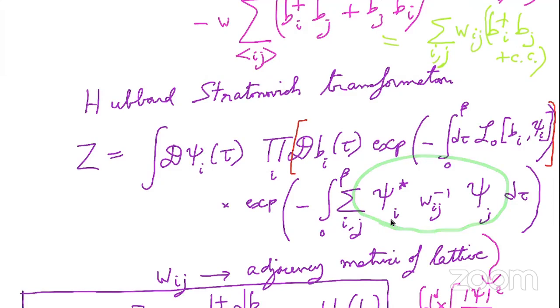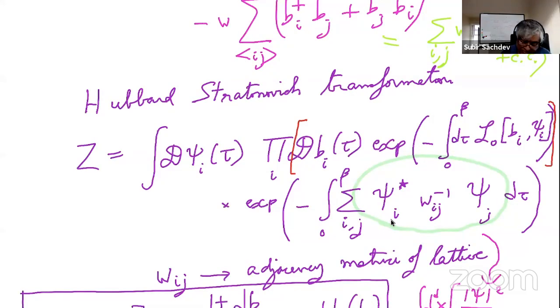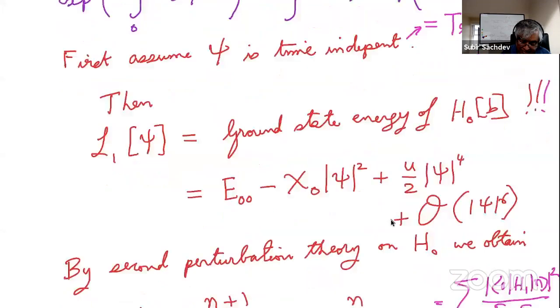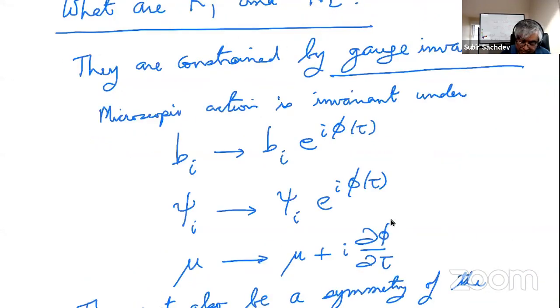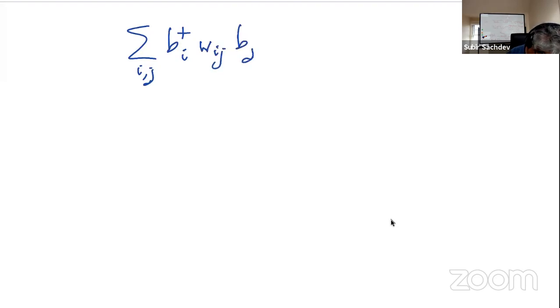Right. Okay. So I think the way to do this is first go to momentum space. Let me show you, let's get another page here. In the original lattice, we had a sum over i and j of b dagger i, W_ij, b j.